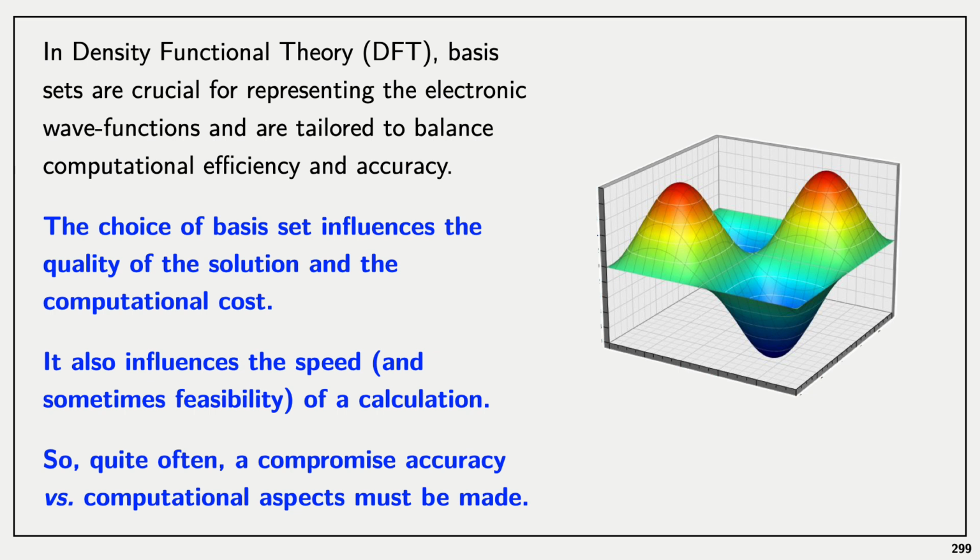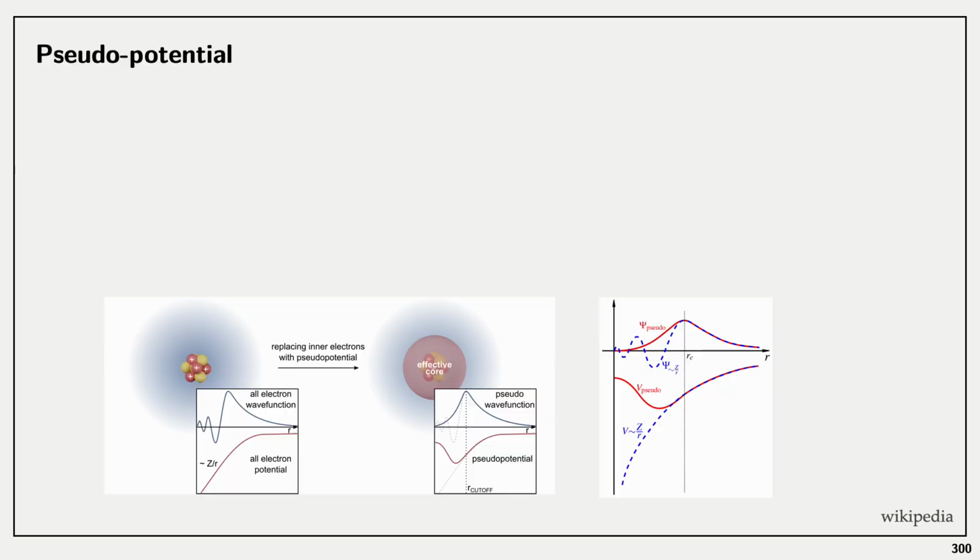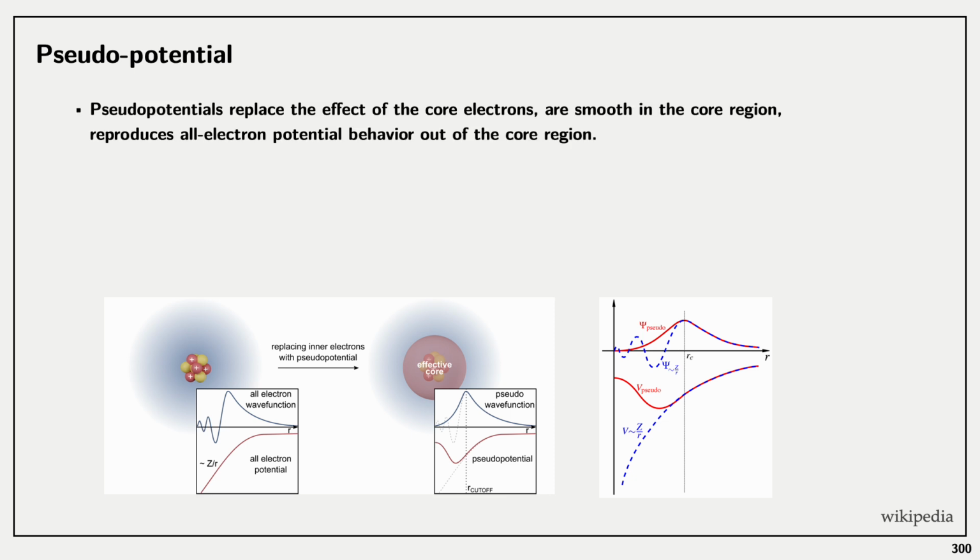But before we actually talk about basis sets, there is one aspect that we have to take into account when we do density functional theory, especially for crystals and surfaces: the effect of the pseudo-potential. That's an essential one. Imagine that you look at the bottom picture on the left.